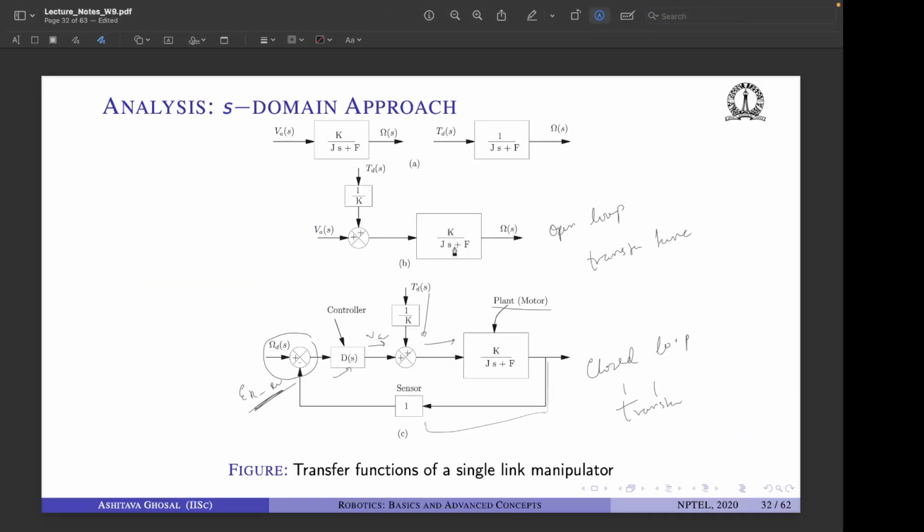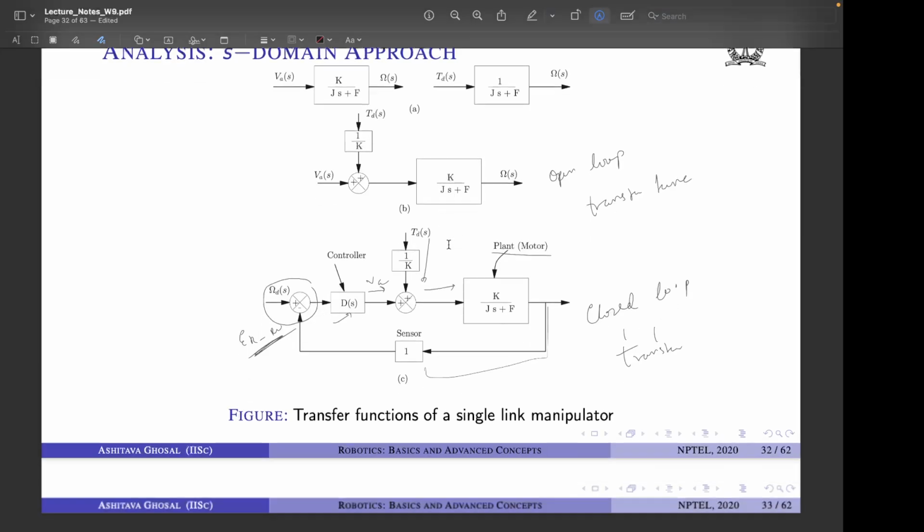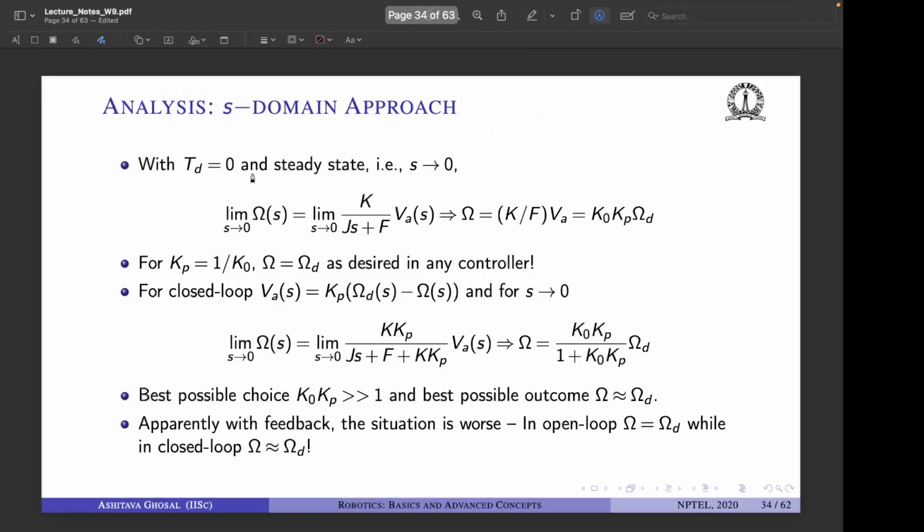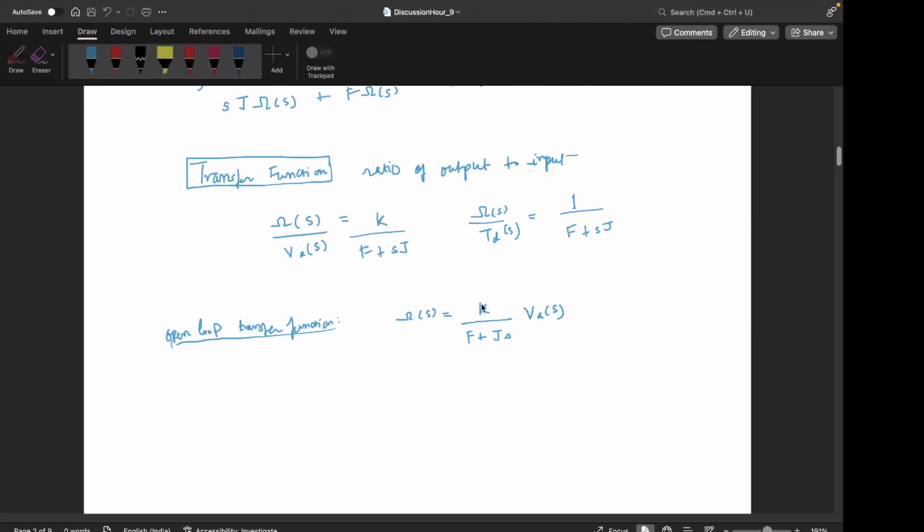K by F is this. So when s tends to 0, that means in steady state. This is a common thing that you will see in control analysis, that s tends to 0. So when s tends to 0, we are in steady state, and we have also assumed Td is 0, so there is no external disturbance and the system is in steady state, right? So the derivative term, which corresponds to s, is 0.